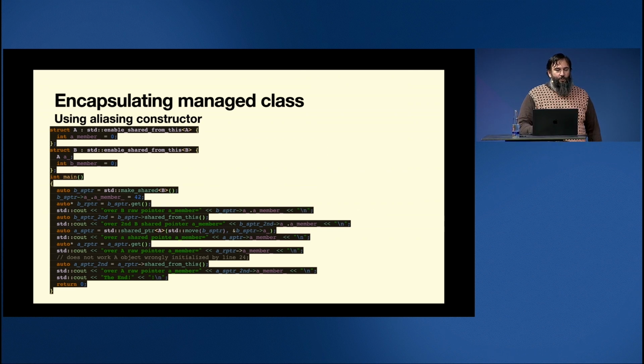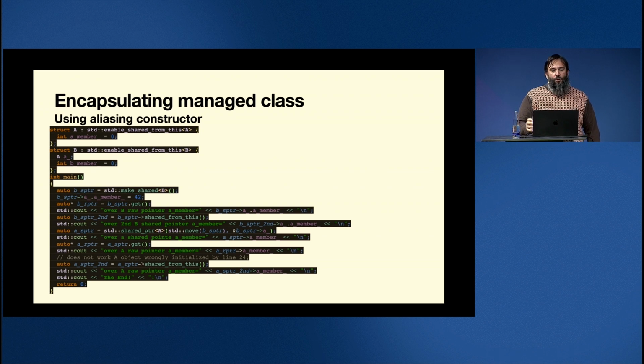What if I want to manage with a shared from this an encapsulated object? So I have an object A and an object B, and the object B holds a member A, and I want to have a shared pointer which is returning A. Now, actually, you can do that. So you can actually create a shared pointer which is pointing to one of your members inside.